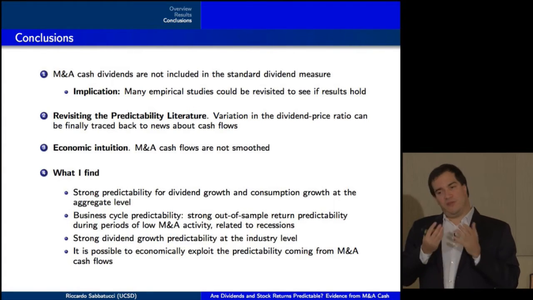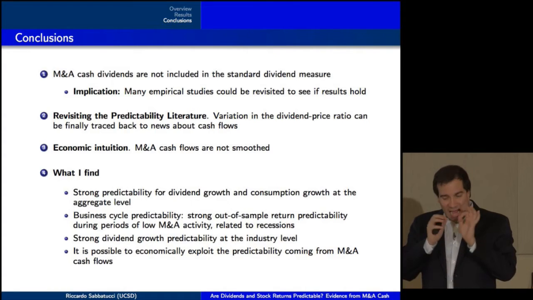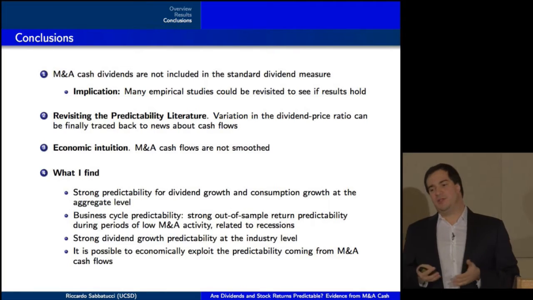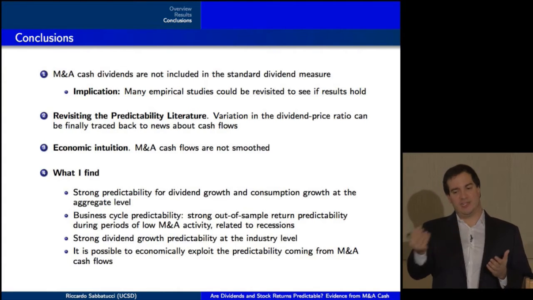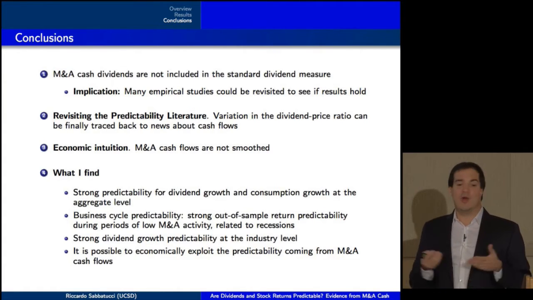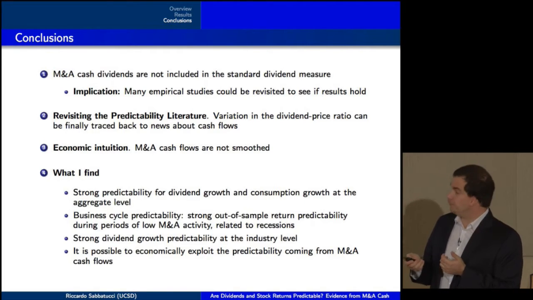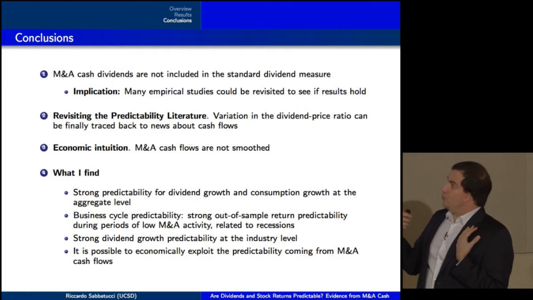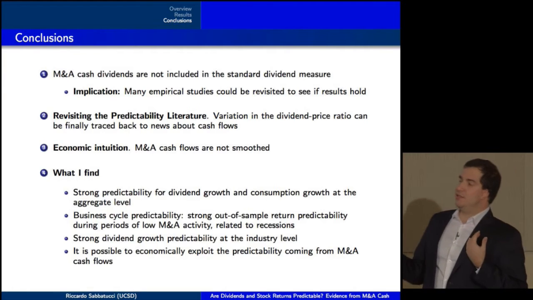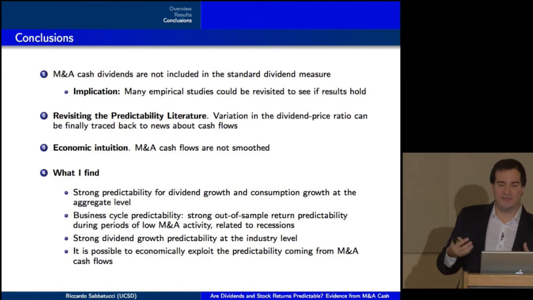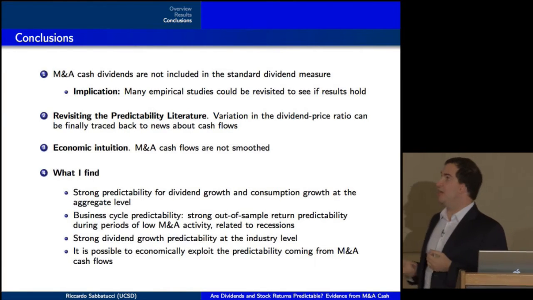And of course, once we redefine this dividend measure, where every single shareholder receives something, then maybe papers that use the standard CRSP index-extracted dividend growth measure might be revisited to see if results still hold or maybe change. What I do in particular, I revisit the predictability literature, and I show that variation in the dividend price ratio can be finally traced back to news about future cash flows.